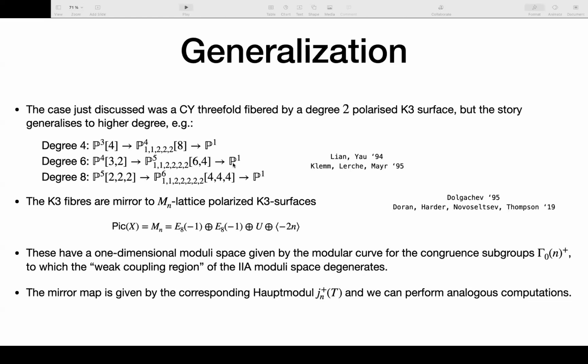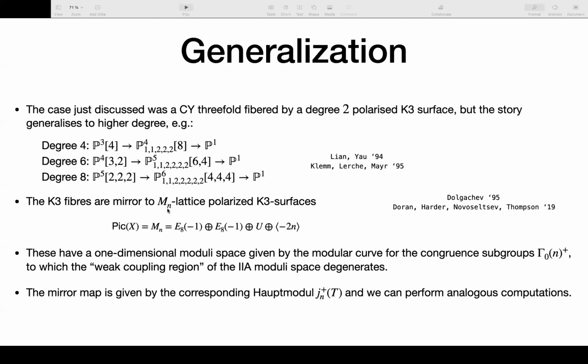There are also other Calabi-Yaus with other second Chern numbers, which also realize fibrations with these K3 fibers. And these K3 fibers are mirrored to so-called M_N lattice polarized K3 surfaces, where M_N is this specific lattice here.